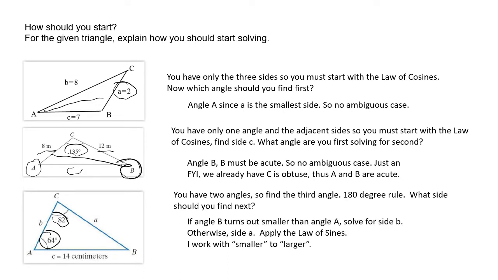Well, if angle B turns out to be smaller than angle A, so once we find angle B, if it turns out to be smaller than A, let's solve for side B. Otherwise, we'd solve for side A. Apply the law of sines. I work from smaller to larger to help me avoid the ambiguous case.